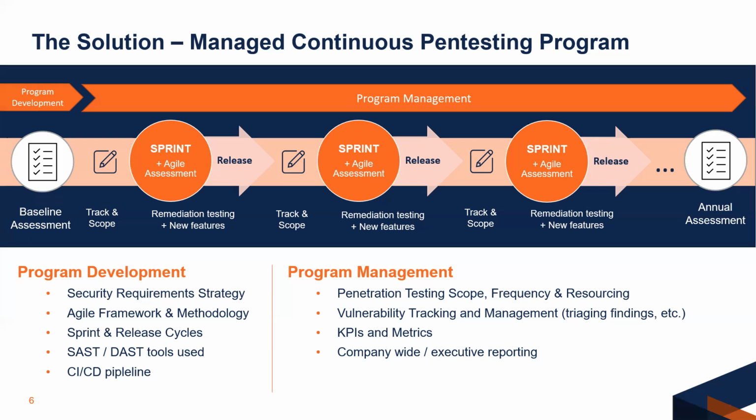Based on the outcome of that discovery workshop, the program team would recommend a cadence for the pen test that will match the existing development and release schedule. It will factor in when and how scoping will be done, how vulnerabilities will be tracked and managed, and how vulnerabilities will be communicated back to the engineering team and stakeholders.